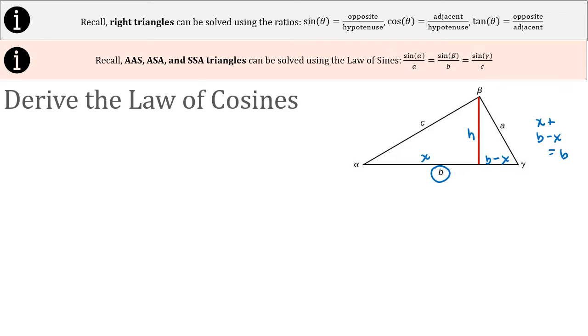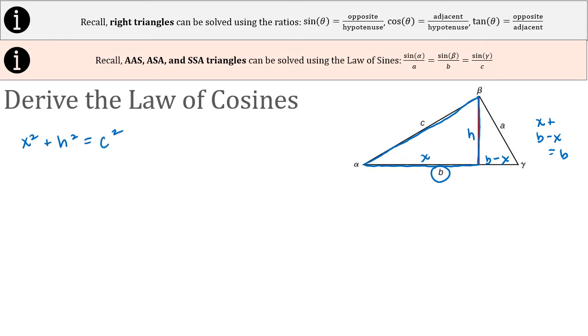Okay, now using right triangle relationships and the Pythagorean theorem, here's what we can write. We're going to start by looking at the right triangle on the left. Using the Pythagorean theorem, we can say that x squared plus h squared is equal to c squared.